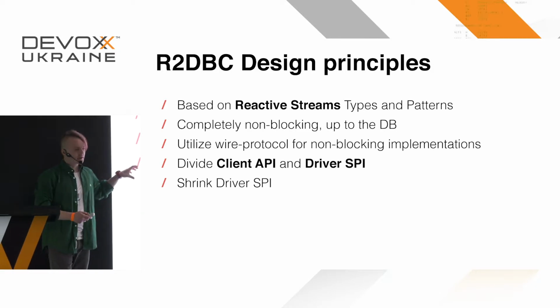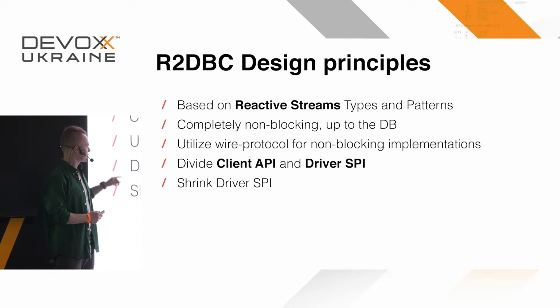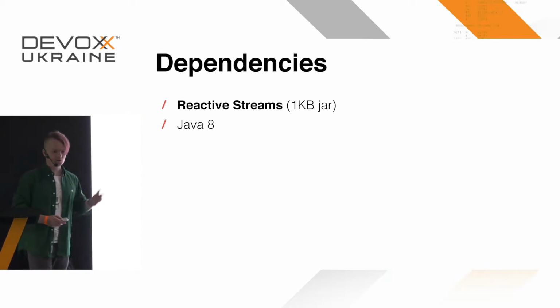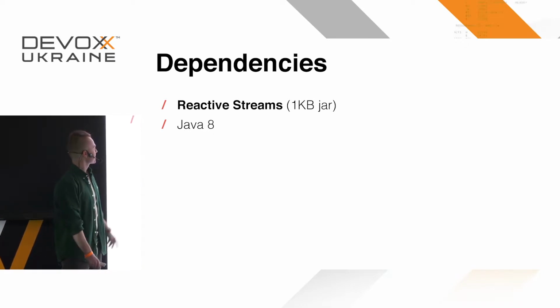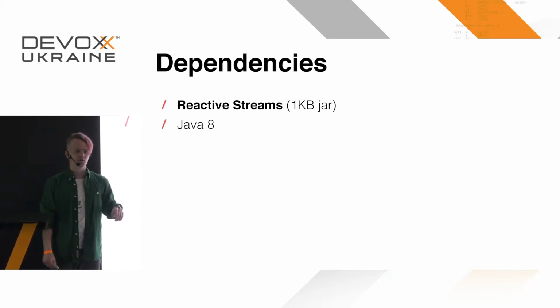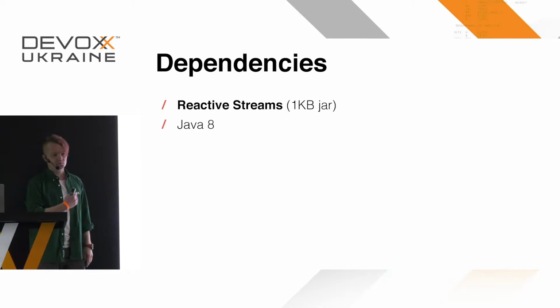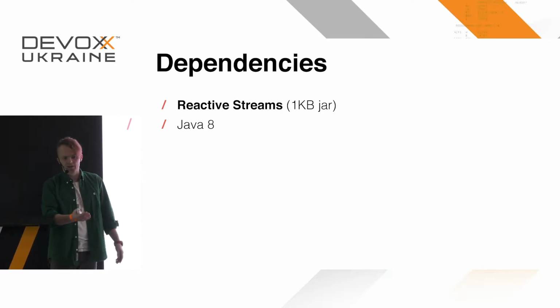And it divides the client API and the driver SPI. We will talk about it later. And it tries to shrink the driver SPI. So it has only two dependencies, reactive streams and Java 8. And reactive streams is a small jar file with 4 classes and only 1 kilobyte. Also, the reactive streams specification classes were adopted by Java 9. So when the baseline of R2DBC moves, let's say, to Java 11, it won't have any dependencies at all.